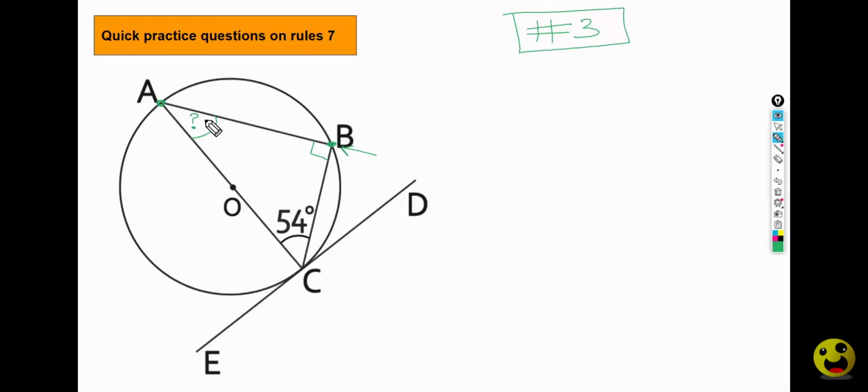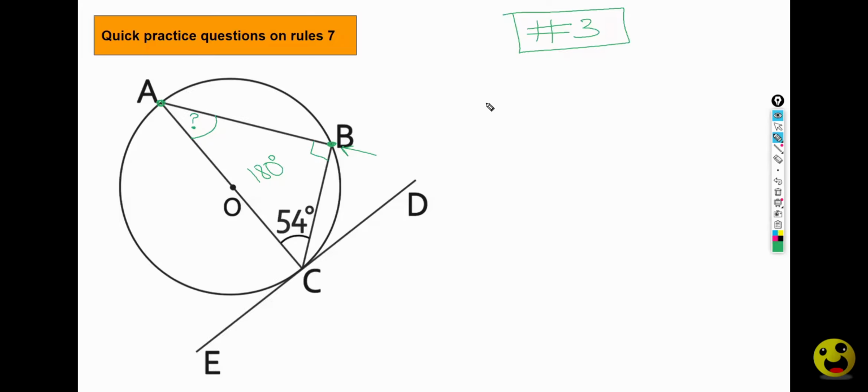So that means ACB is a right angle. It is a triangle at the end of the day, but also a right angle triangle. And all the angles in a triangle always add up to how much? 180 degrees.